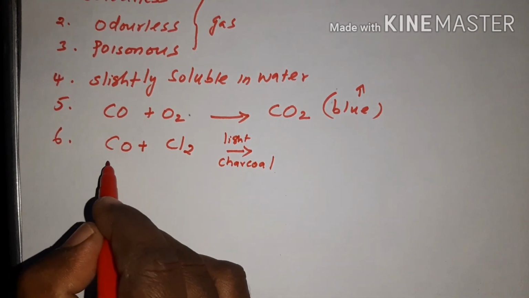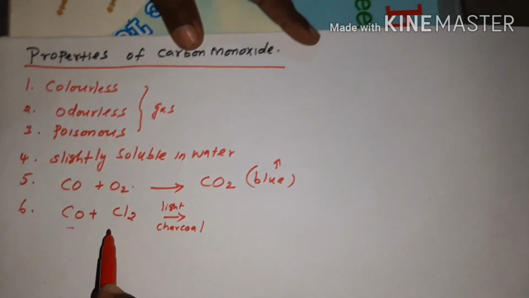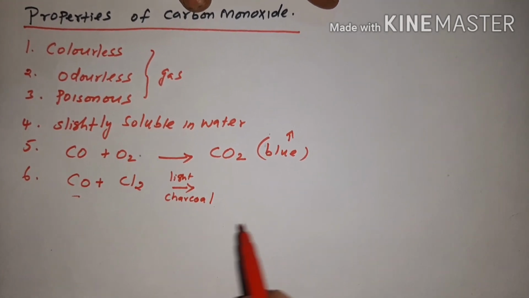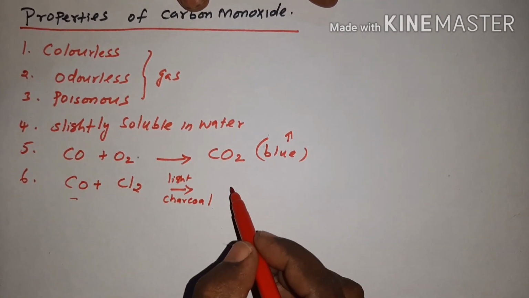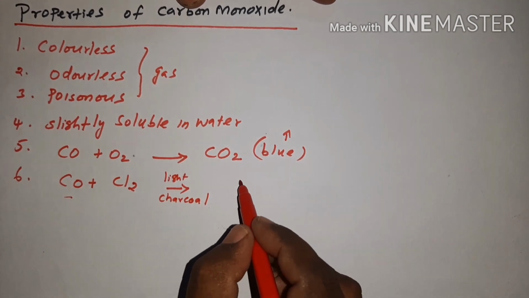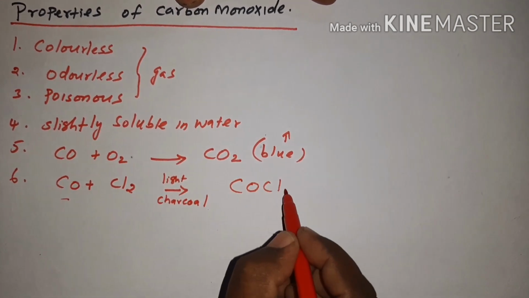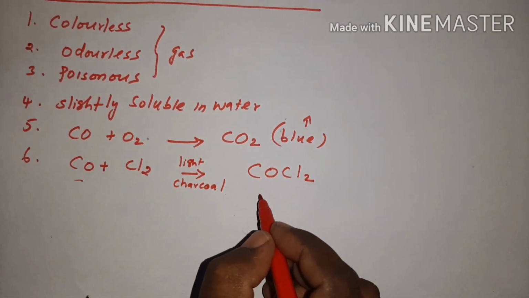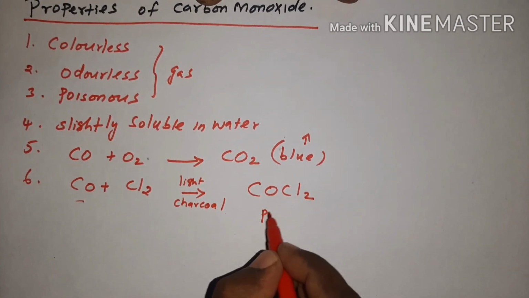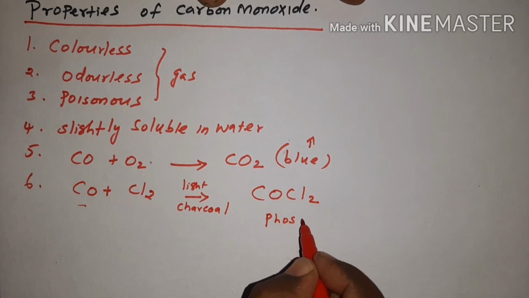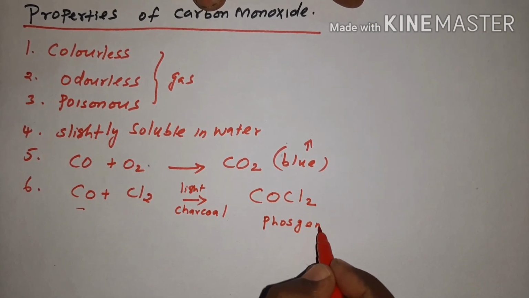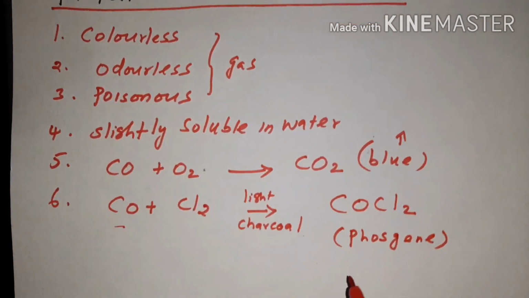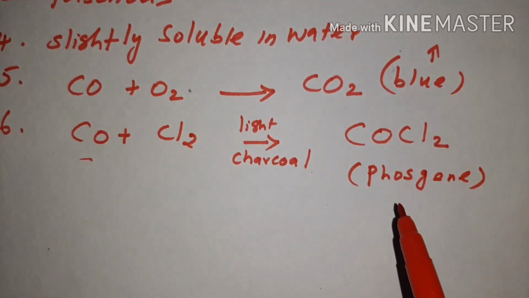So carbon monoxide, when treated with chlorine in the presence of light or charcoal, forms a poisonous gas called carbonyl chloride, COCl2. This carbonyl chloride is also known as phosgene. And this phosgene you already studied in class 11.